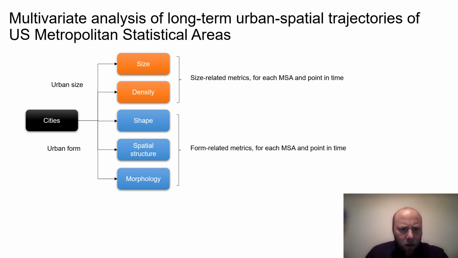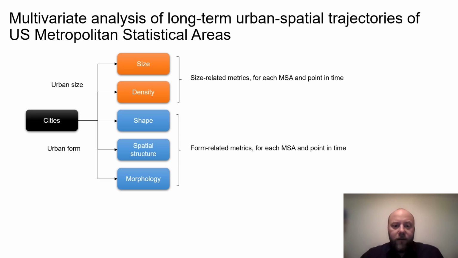So we can characterize cities by their size and by their form. And by size, we basically mean the actual extent, the density, and by form, we mean the shape, the spatial structure, and the morphology of the city. And based on the data that we've just seen, we're able to measure this.